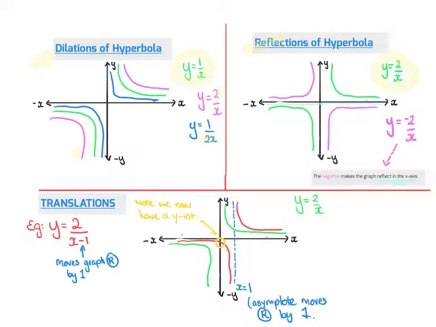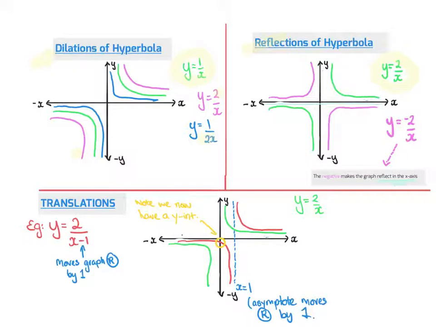So this bit is flipped down there, and this green along here is flipped up there. We can see the negative flips the graph, or reflects the graph, in the x-axis. Now, we've got another type of transformation.